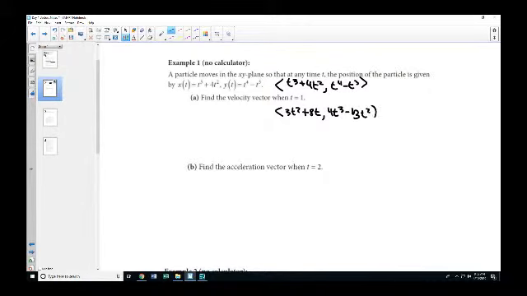Okay, so habits die hard. That's the velocity vector. Now at time 1, what do you do? Plug it in. So we have 3 plus 8 is 11, and 4 minus 3 is 1. You're done.